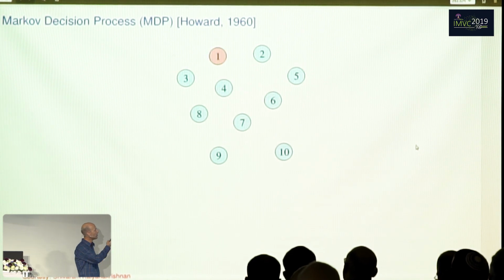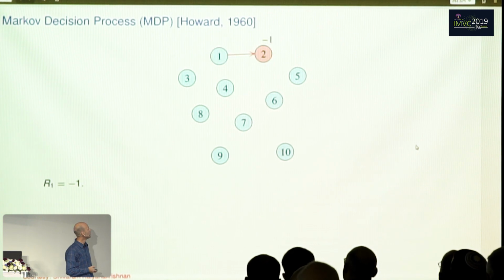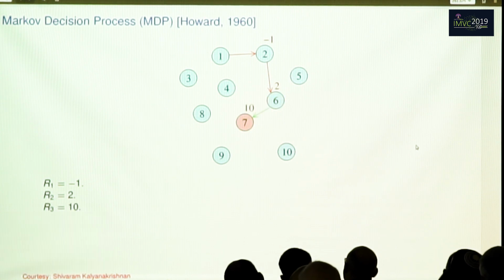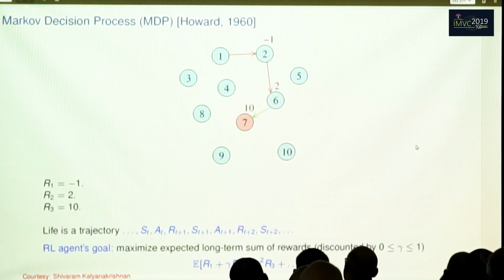So let's see an example. An agent starting in state 1, taking the red action, moving to state 2, getting a reward of -1, then taking the red action again and moving to 6, getting a reward of 2, and then taking the green action, getting 10 and moving to 7. And this is how the life of an agent looks. It's a possibly very long trajectory of being in a state, taking an action, getting a reward, moving to the next state, and repeating.